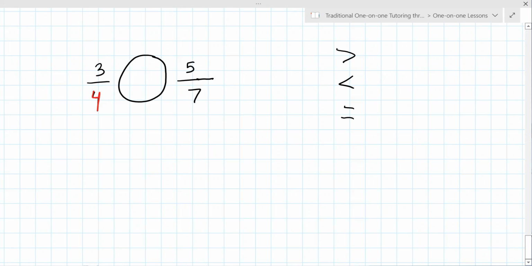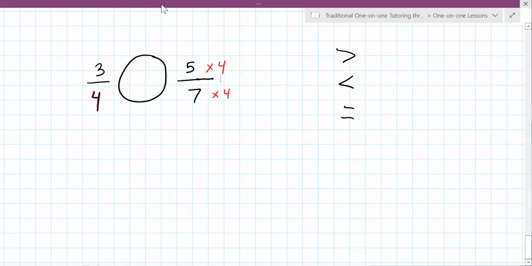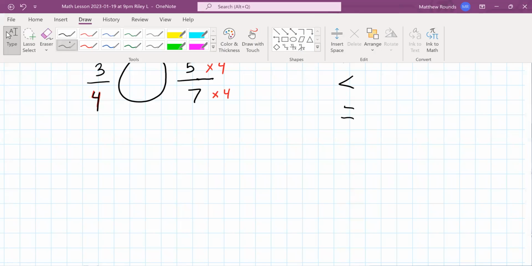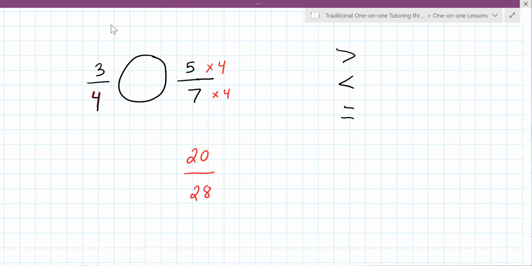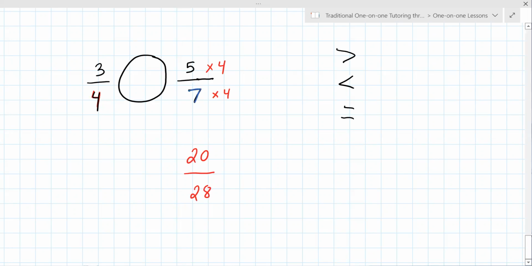I'm going to show you a specific way to do this. You're going to take this bottom number on the left and multiply the 2 numbers on the right by that bottom number. And this leads to adding fractions, by the way. That's why we're doing it. So on the right, it becomes 20 over 28. Then you take this bottom number on the right and multiply it by the 2 on the left.